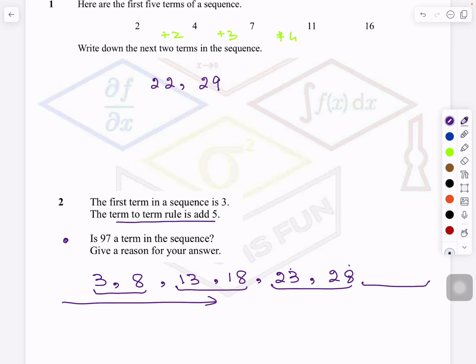So in the 90s, when we write numbers between 90 to 100, it will be 93 and 98, not 97. So this is how you will give your reason. In every tens, we are getting numbers ending at 3 and 8. So 97 we will not get.